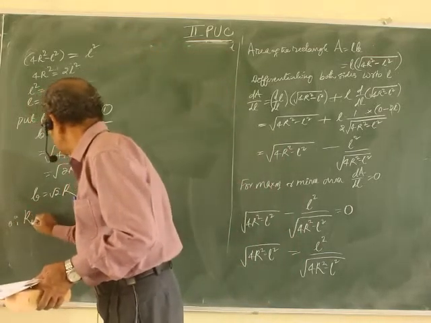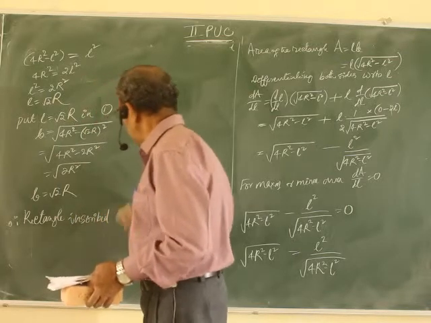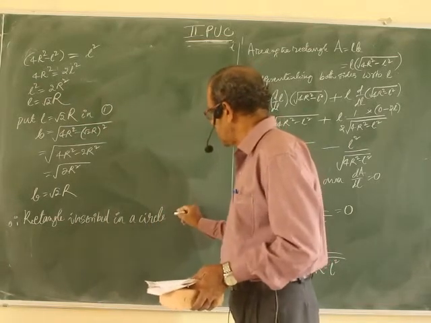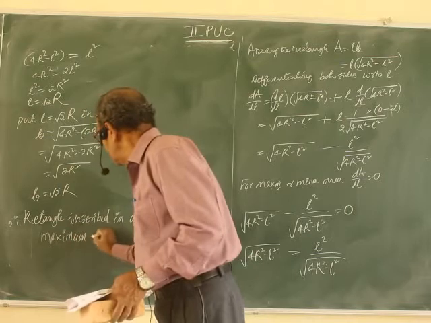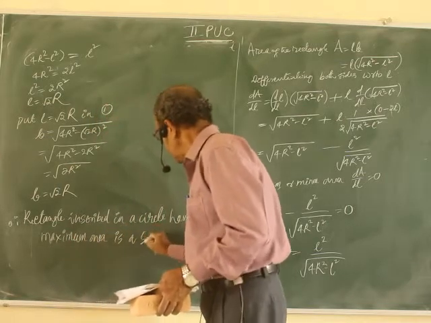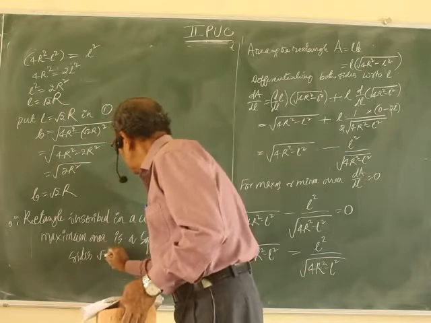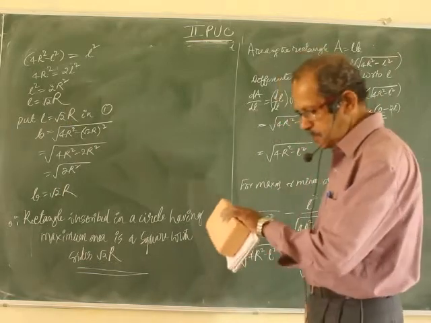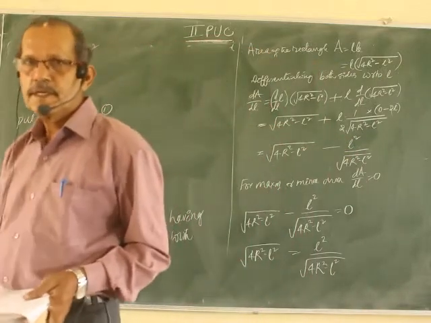Therefore, a rectangle inscribed in a circle having maximum area is a square with sides root 2 R. Side of the square is root 2 R. Clear now?